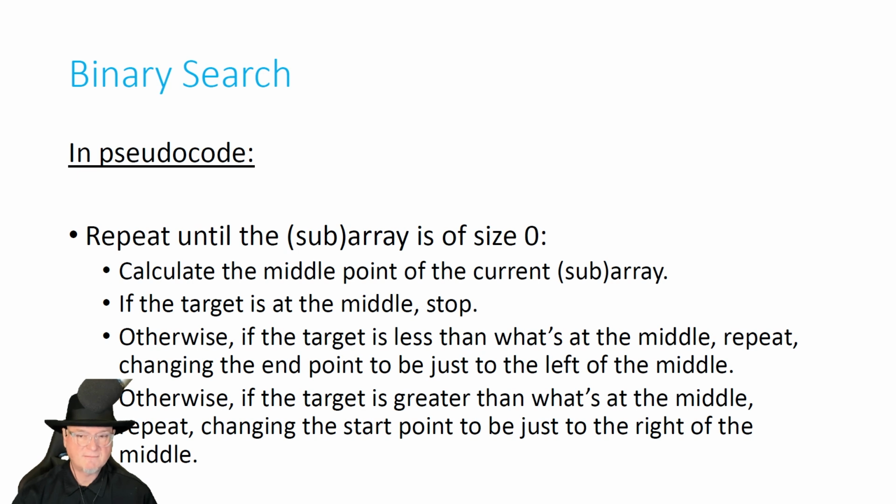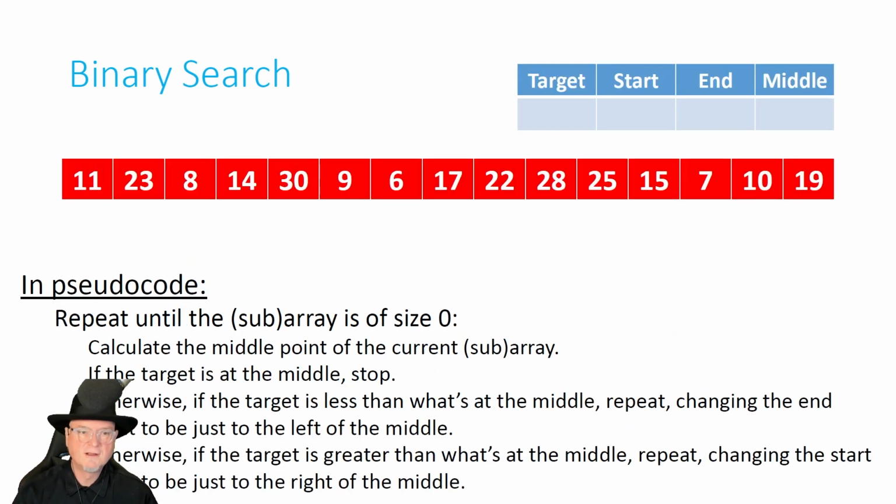If the target is at the middle of that subarray, we stop. And the target is the number we're looking for. Otherwise, if the target's less than what's in the middle, we repeat, changing the endpoint to just to the left of the middle. And if the target's greater than what's at the middle, we change the start point to be just to the right of the middle. So we're assuming it's sorted in order left to right.